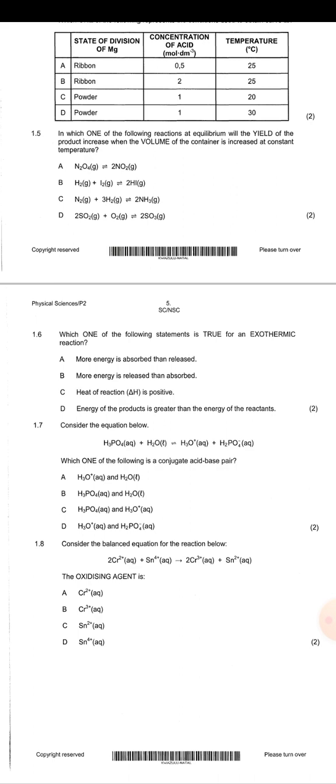Remember, if you gain electrons, the oxidation number is going to decrease. Here we look at the chromium, we see it was positive 2, then it went to positive 3. If it went up, it means it lost electrons, so it underwent oxidation. So that is wrong. It can't be chromium, that Cr positive 2 ion.